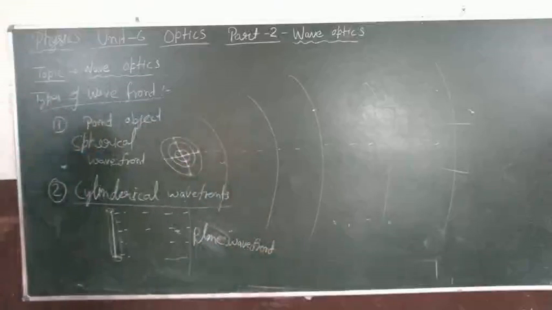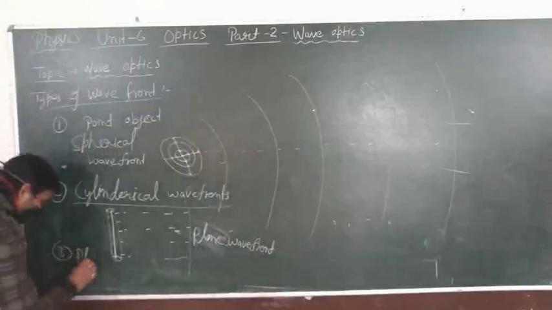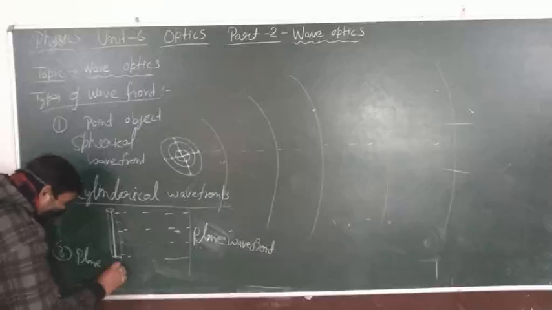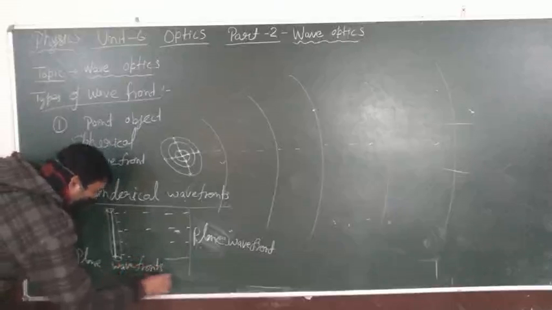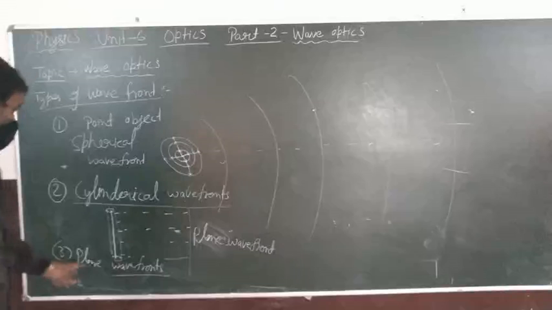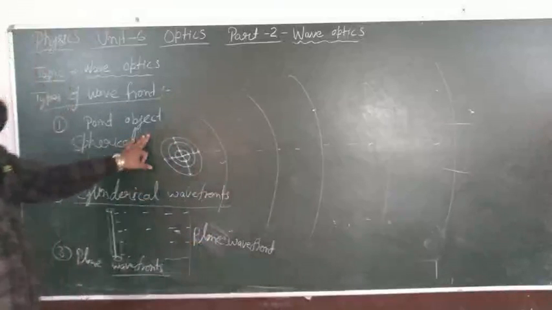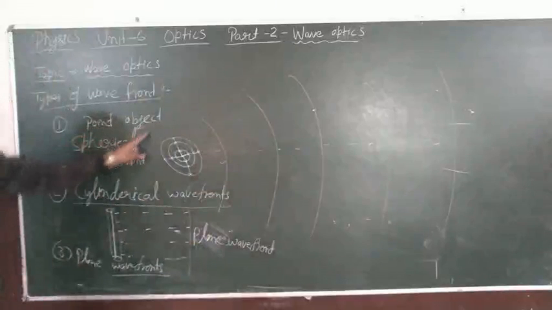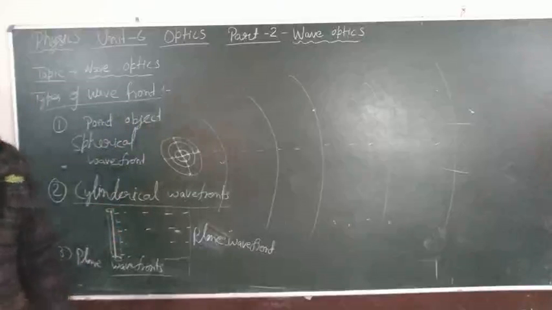Next is plane wavefronts. Okay, now what are these plane wavefronts? As we discussed in the above two cases, point object or spherical wavefront, and cylindrical or linear object or cylindrical wavefront.